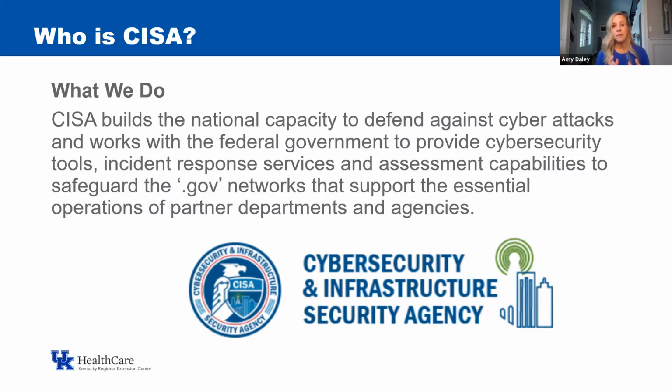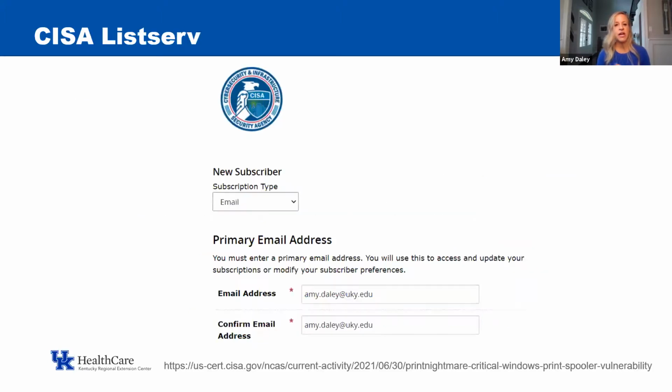Now, CISA primarily is looking to protect the government networks, so all of those websites and networks that end in .gov, but through their efforts, they provide guidance for us in healthcare on how to identify ransomware and what to do in the case of ransomware.